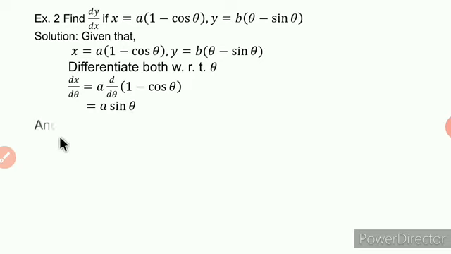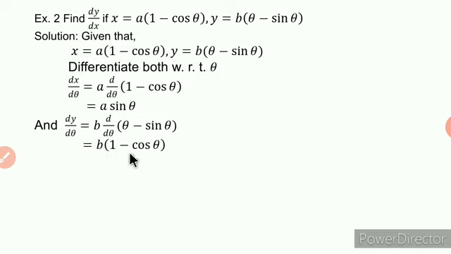Similarly, dy upon d theta is equal to b multiplied by d by d theta of theta minus sin theta. The derivative of theta with respect to theta is 1 and the derivative of sin theta is cos theta. So we get dy by d theta is equal to b multiplied by 1 minus cos theta. We get both the values.